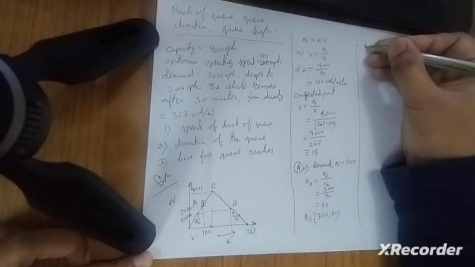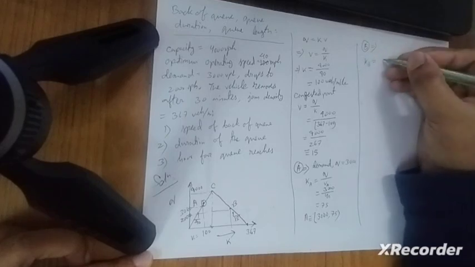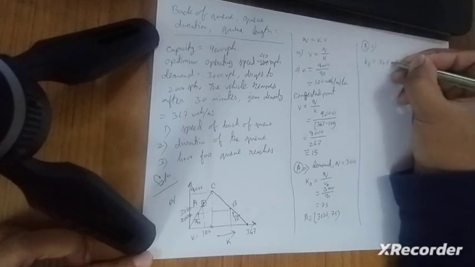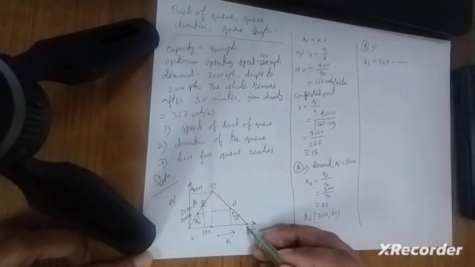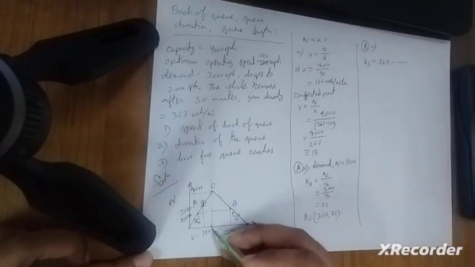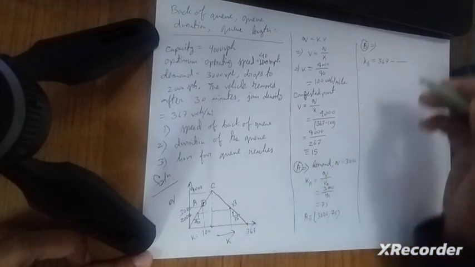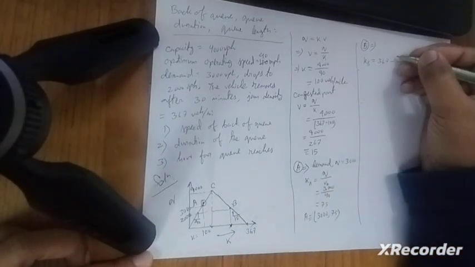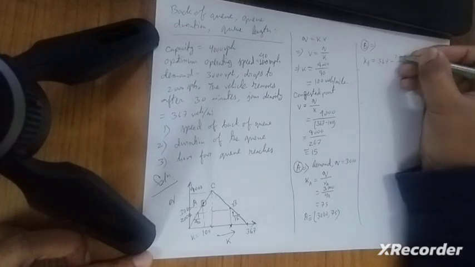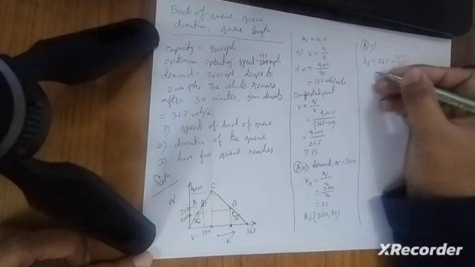Similarly, we calculate for B. Kb is the total jam density, 367, minus the demand 2,000 divided by the slope 15.